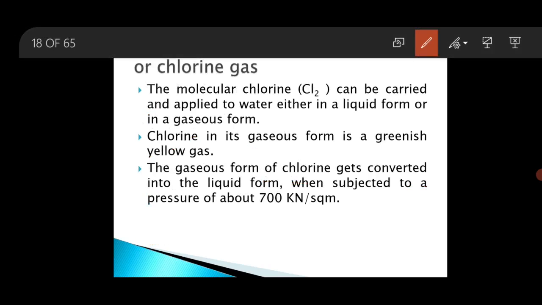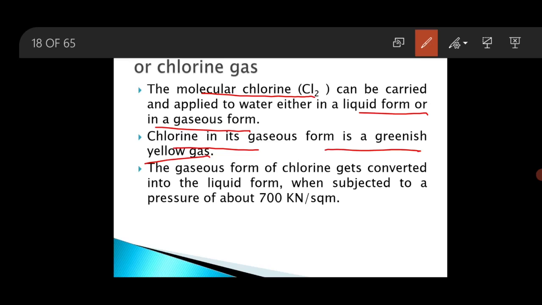This molecular chlorine, that is Cl2, can be carried and applied to water either in liquid form or in gaseous form. The liquid form is generally preferred and exclusively used these days. Chlorine in its gaseous form is a greenish yellow gas and it is heavier than air.